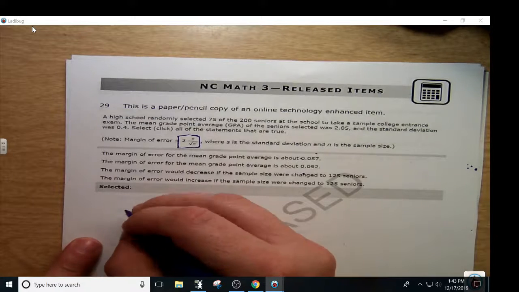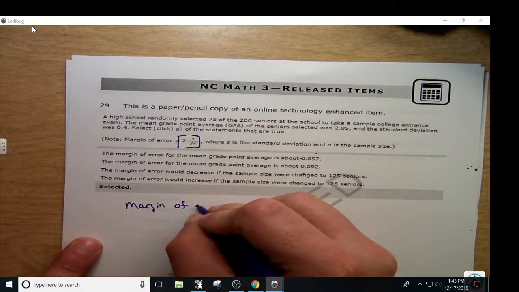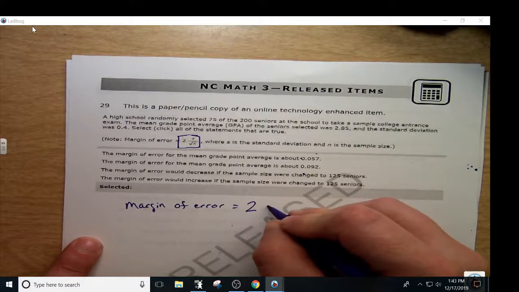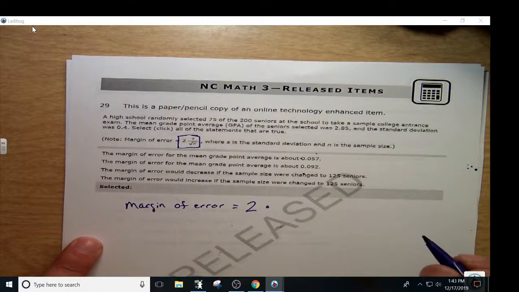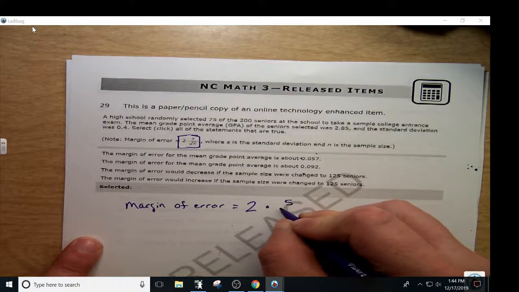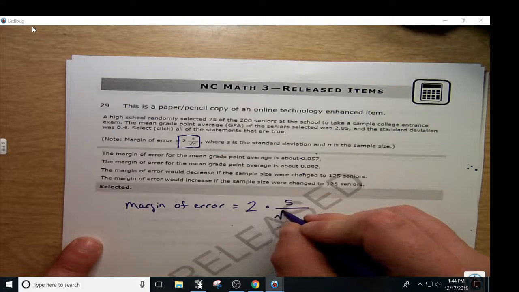All right, so the margin of error equals 2 times the standard deviation divided by the square root of the sample size.